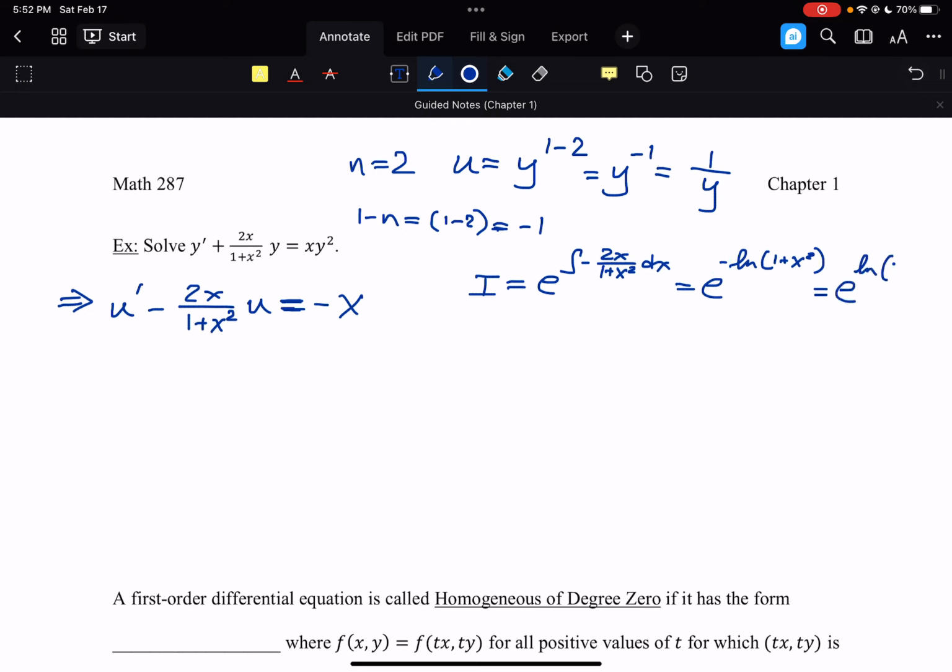So it's e to the ln of 1 plus x squared to the negative 1. And now at this point, the e and the ln can undo each other. So we have 1 plus x squared to the negative 1, which is just 1 over 1 plus x squared for our I value.